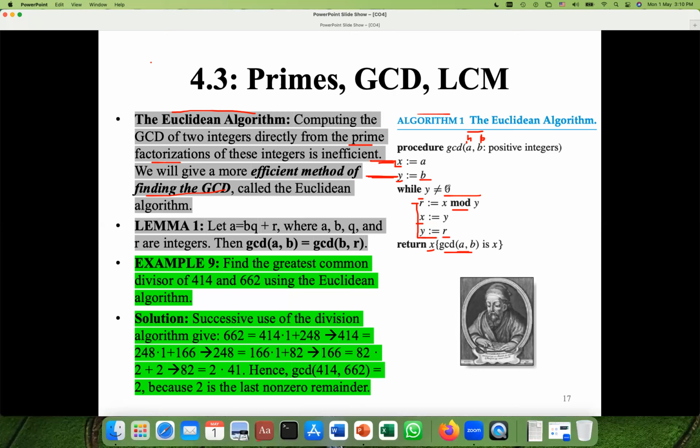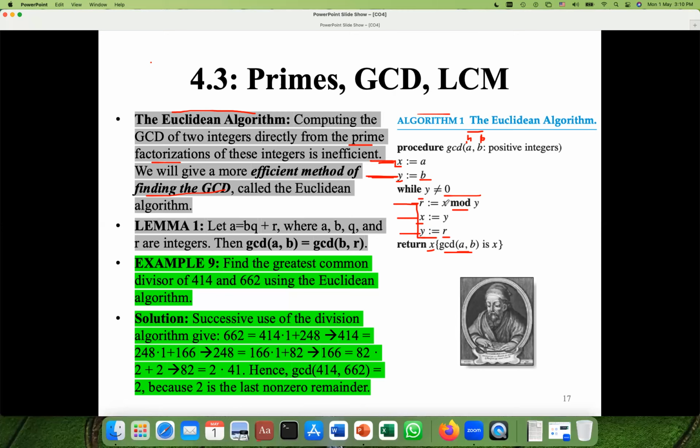So y not equal to 0, condition true, and then 6 divided by 4, you will get what? 2. So r is now 2. And now your x is 4 and your y is 2. Y, 2, not equal to 0? Yes.